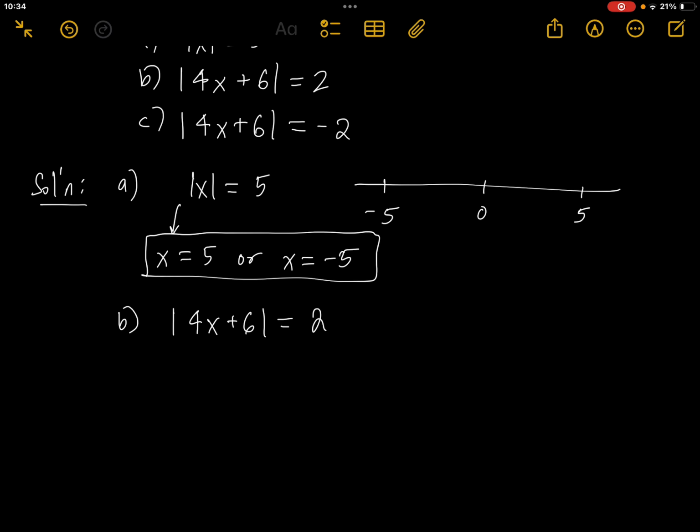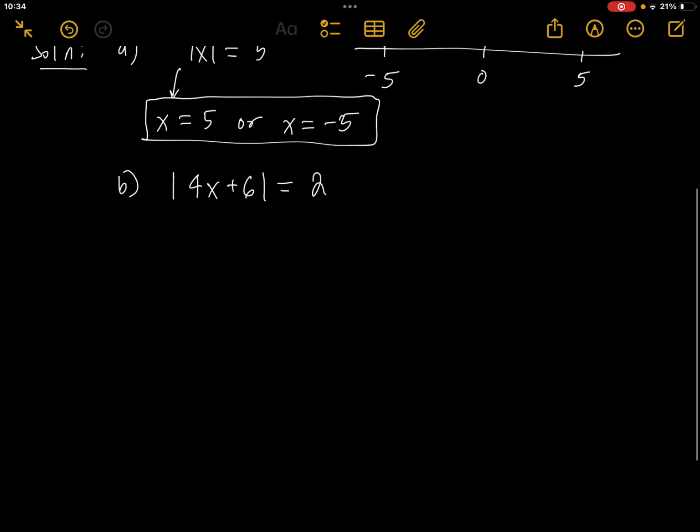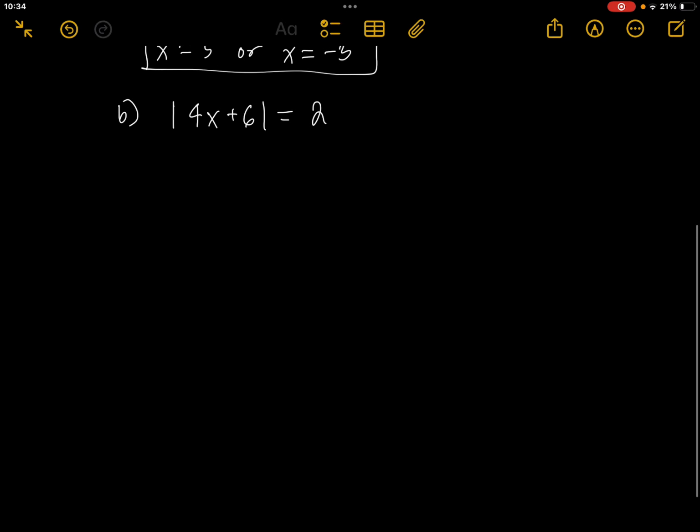Compared to the previous problem, instead of x being in the absolute value signs, you have 4x plus 6. It might help to replace the 4x plus 6 by u. I'm going to show this step. Replace 4x plus 6 by u.